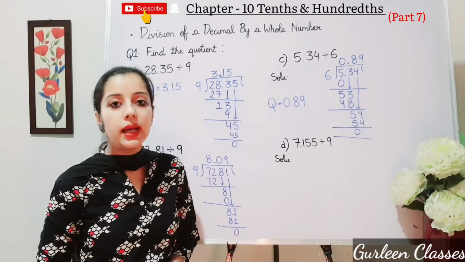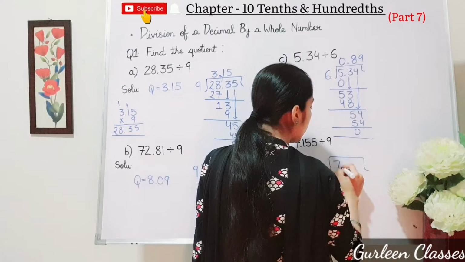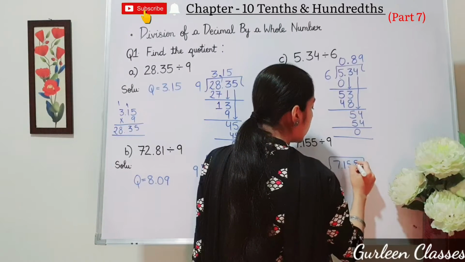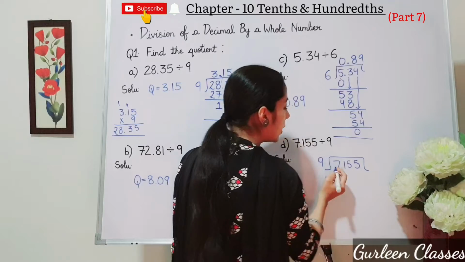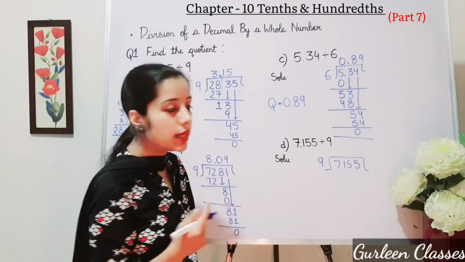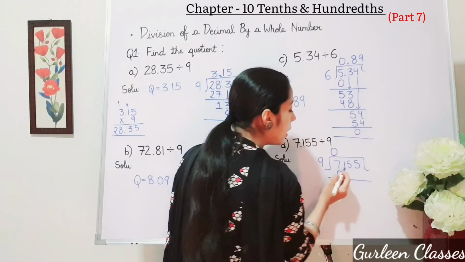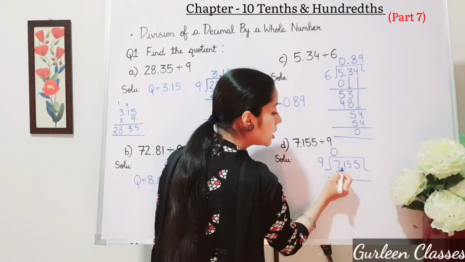Now D part: 7.155 divided by 9. So let us divide this. Here again 7 is smaller than 9. It will go by 0. 9 zeros are 0. After dividing the whole number part, there is the decimal point.